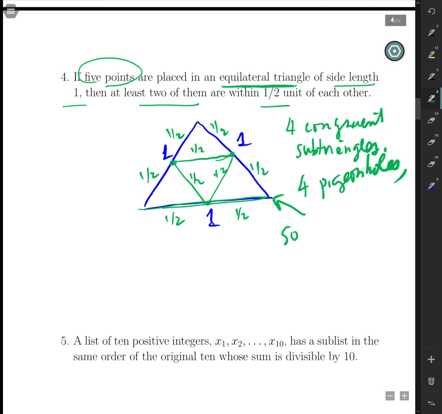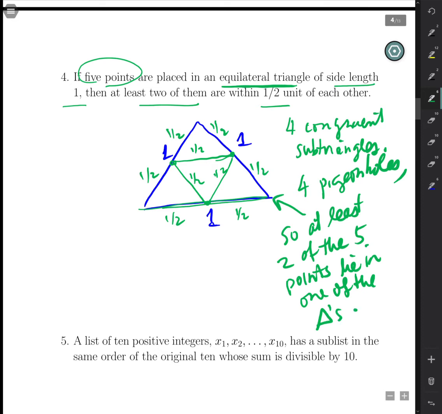So at least 2 of the 5 points lie in one of the triangles. I don't know which one, it doesn't matter, but 2 of them are going to lie in one of the triangles like that. Now here's the deal.